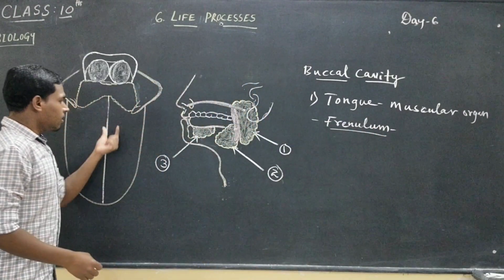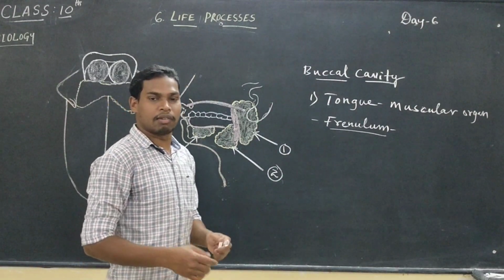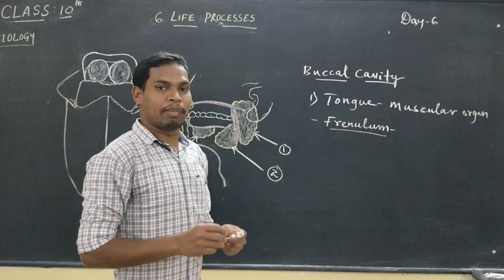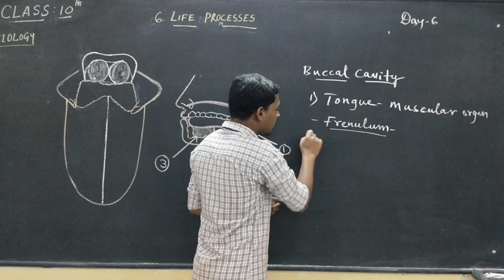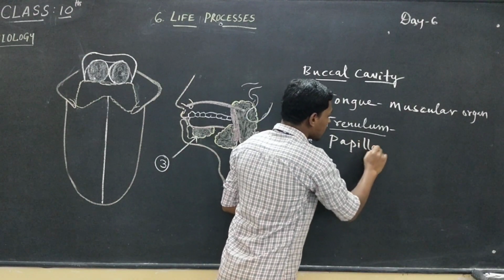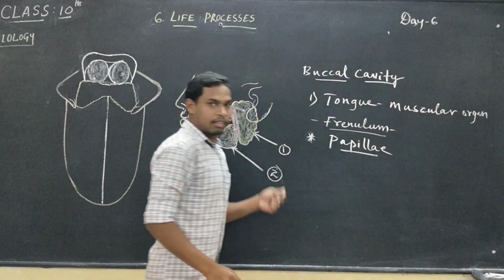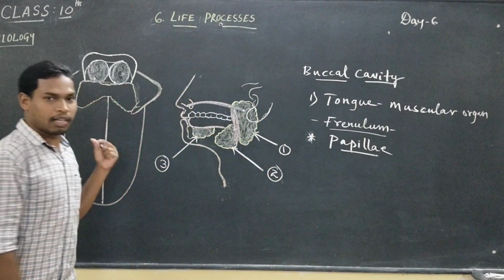The surface of the tongue is covered with papillae. There are three different forms of papillae found on the surface of the tongue.